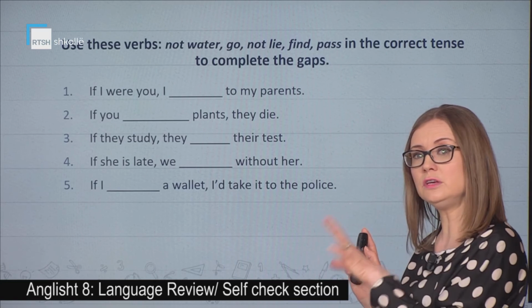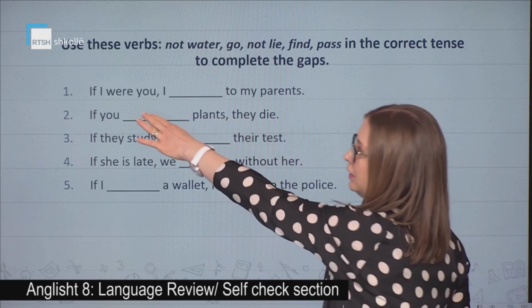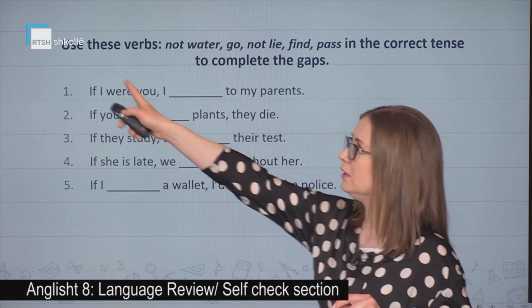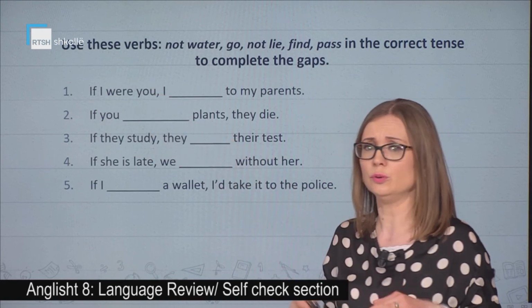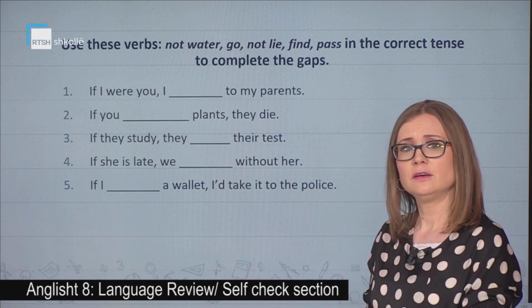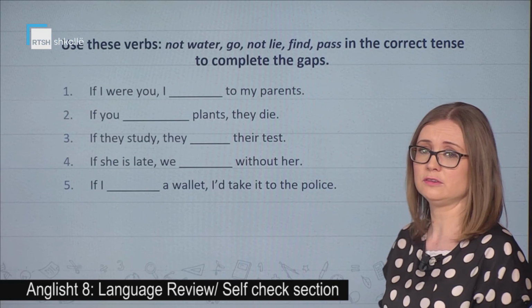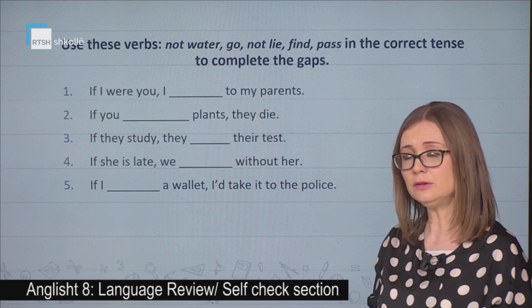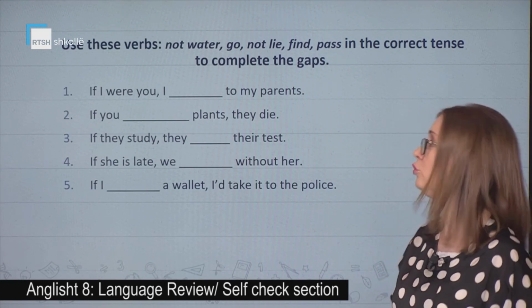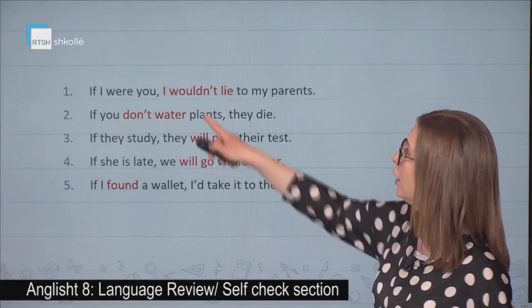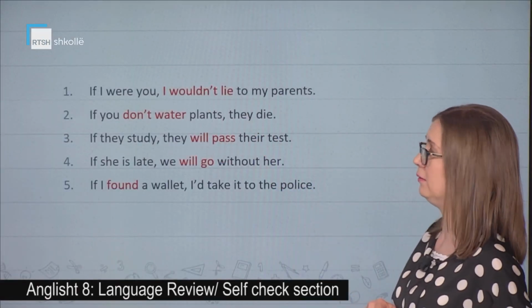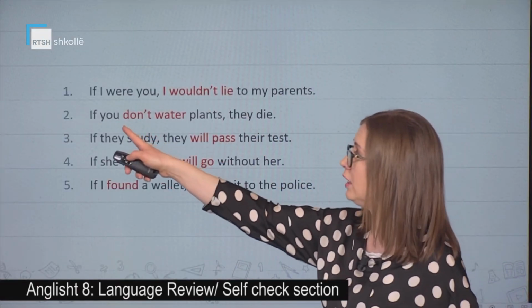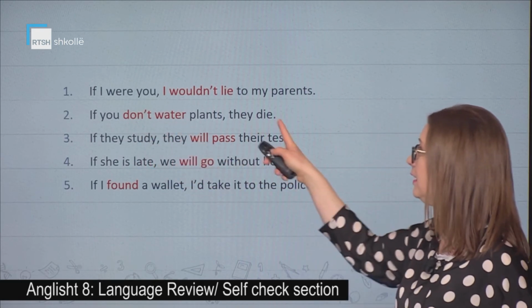So, if you see, for example, in the first sentence, we have if I were you. So, which is the conditional clause in this case? So, we have the second conditional: if I were you, I wouldn't lie to my parents. In this case, we have if you don't water plants, they die.